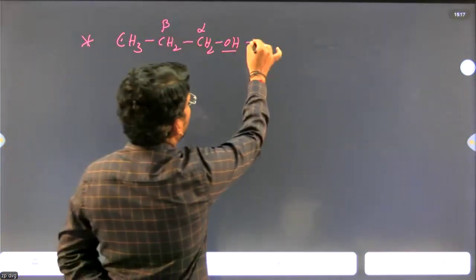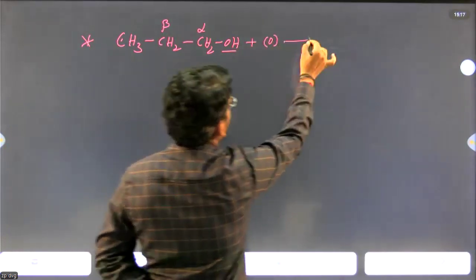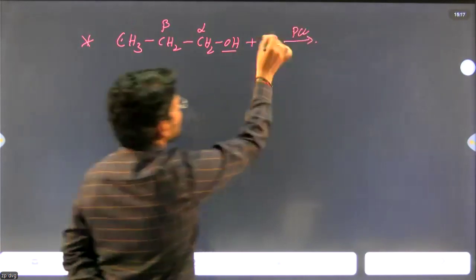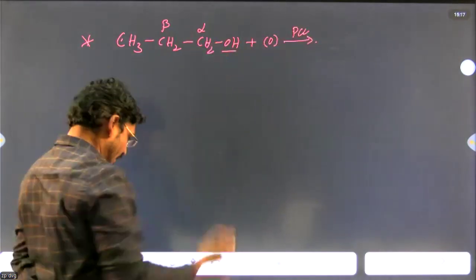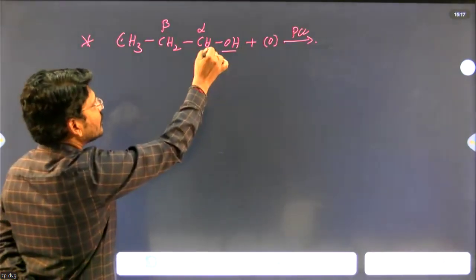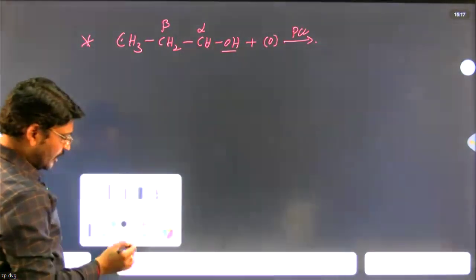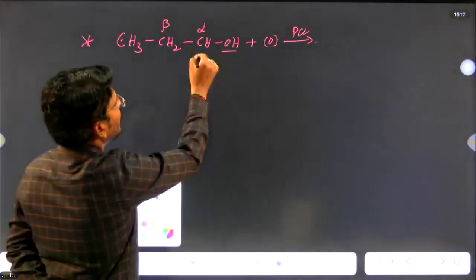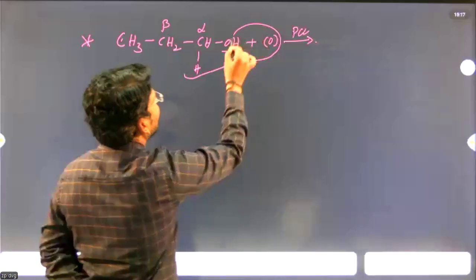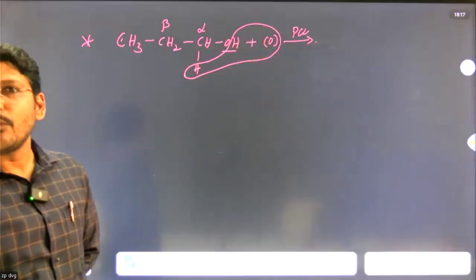So when this undergoes oxidation, in the presence of either PCC, otherwise PDC, observe here. We can write this separately so that you understand how it breaks. Here we can consider one hydrogen, the alpha hydrogen atom. The hydrogen, oxygen and hydrogen are completely removed as a water molecule.